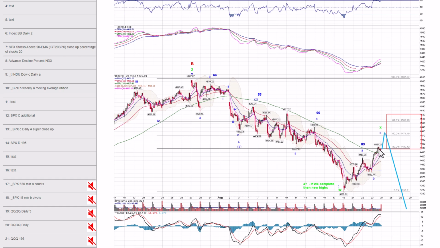But this could also be like an A of a B, and then you get a down, and then another kind of complex thing, then up, then down. Otherwise, this is our target areas, assuming this is some sort of wave B. 38% fib we've tagged, but usually wave Bs will do more than that. So 50%, 61.8% would be my target overall.